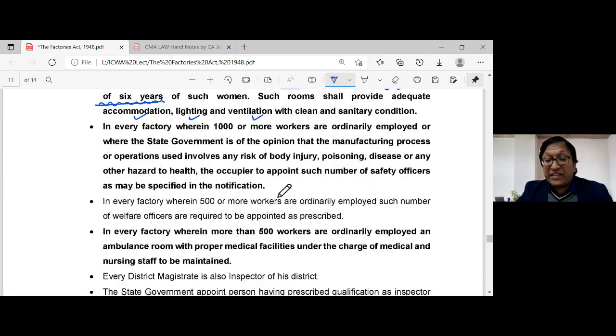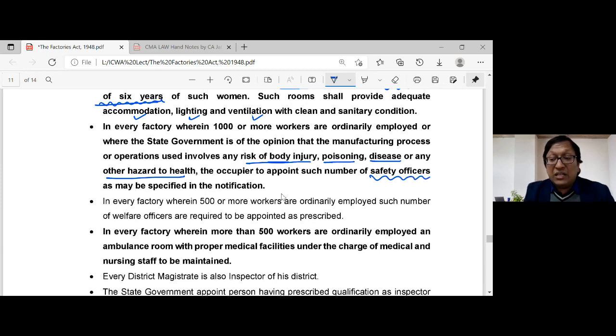Then in every factory where 1,000 or more workers are ordinarily employed, or where the state government is of the opinion that the manufacturing process or operation involves any risk of bodily injury, poisoning, disease, or any other hazard to health, the occupier has to appoint such number of safety officers.